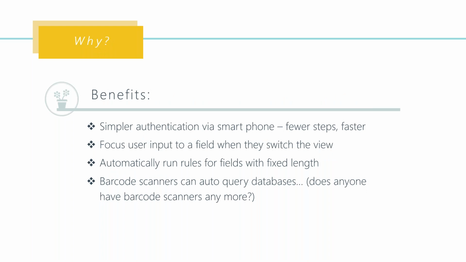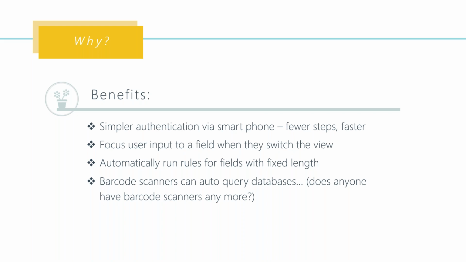So some of the benefits of this: it's easier to do authentication when people are on their smartphones. There's less for the users to do, and it's faster. You can have the cursor go directly to a field when they switch a view, and automatically run rules when a field is full. Another thing is maybe you don't necessarily want to switch focus when a field is full, but you just want to limit how many characters can be entered.